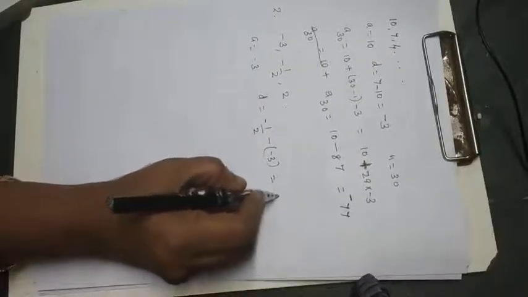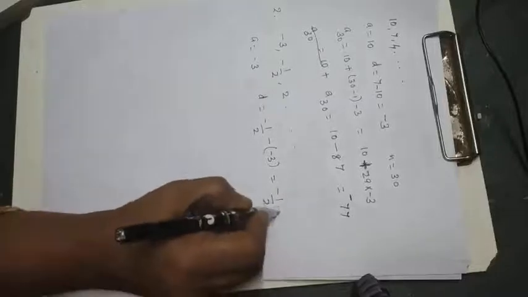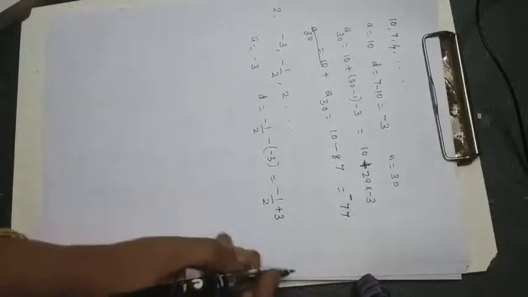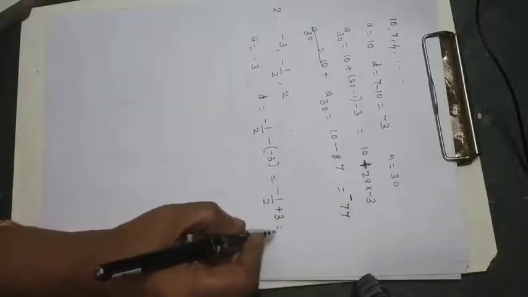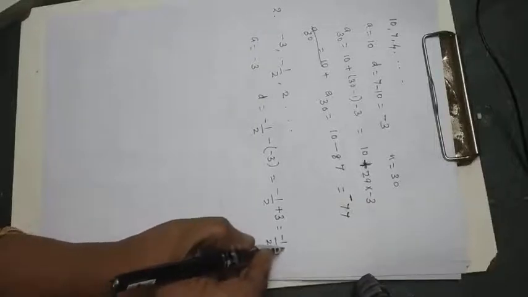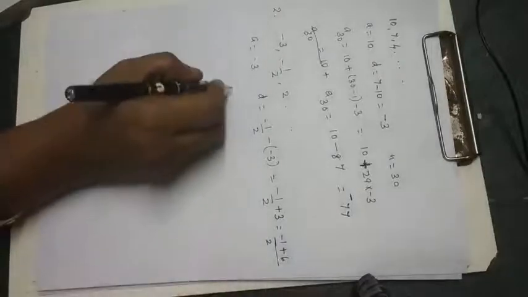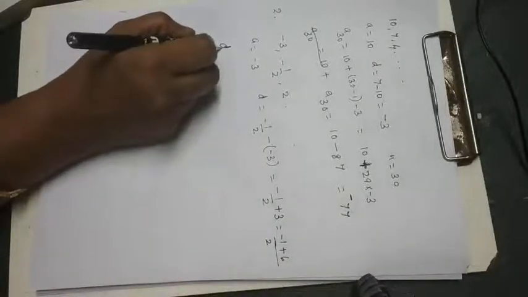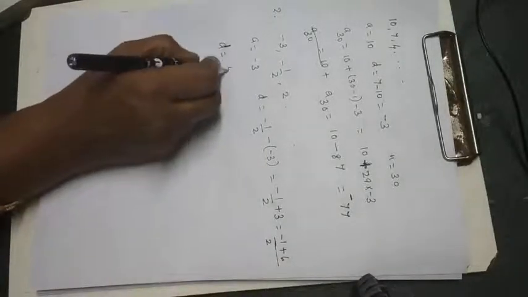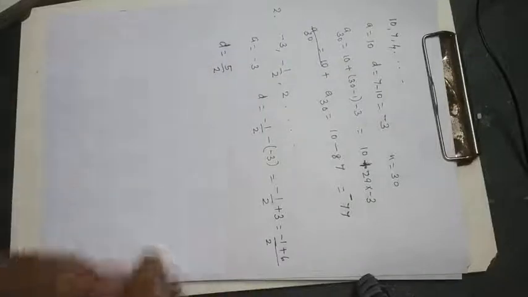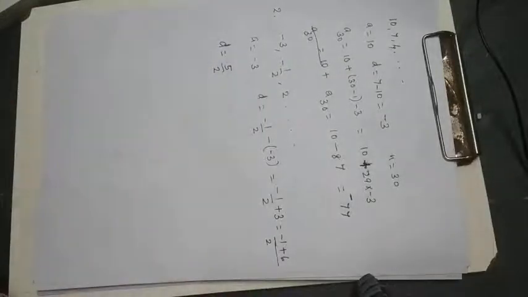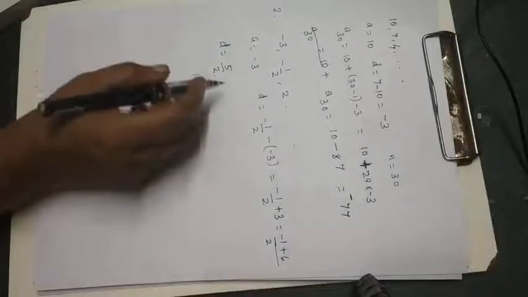So it will be negative 1 by 2 plus 3, taking LCM 2, so D is equal to 5 by 2. Positive 5 by 2.